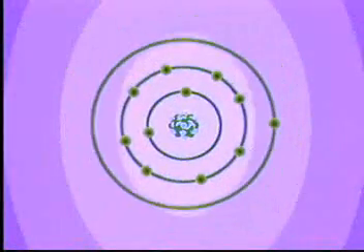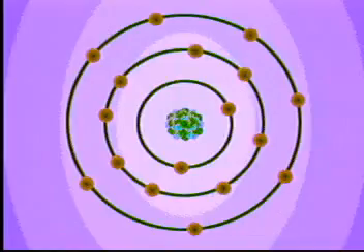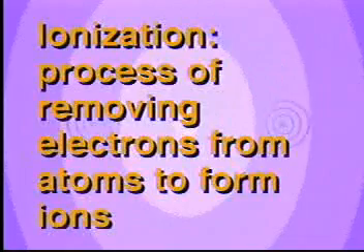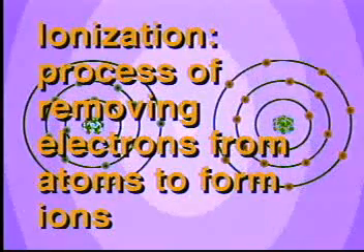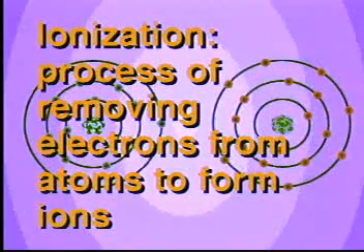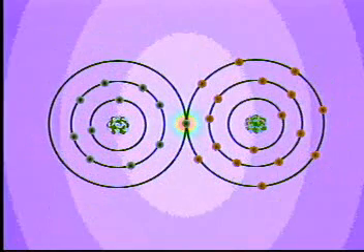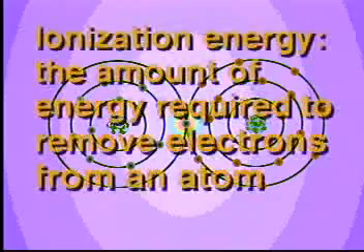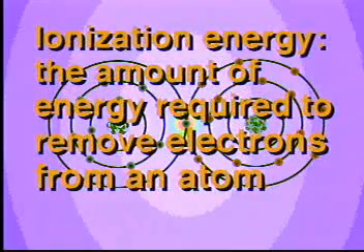In order for a valence electron to be taken from an atom by another atom, a certain amount of force needs to be applied. Ionization is the process of removing electrons from atoms to form ions. The energy needed for ionization to occur, the removal of electrons, is called ionization energy.